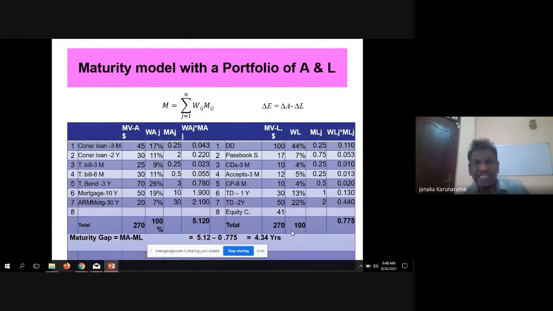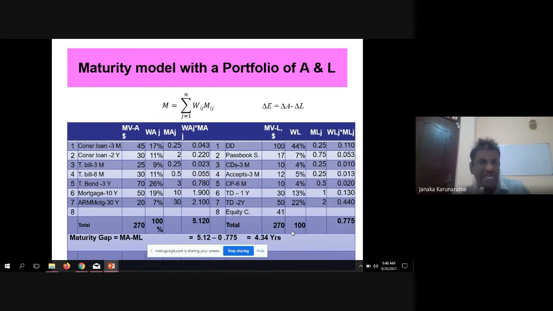The idea here is to minimize interest rate risk by keeping the maturity gap much narrower, at a very comfortable low level, close to zero.